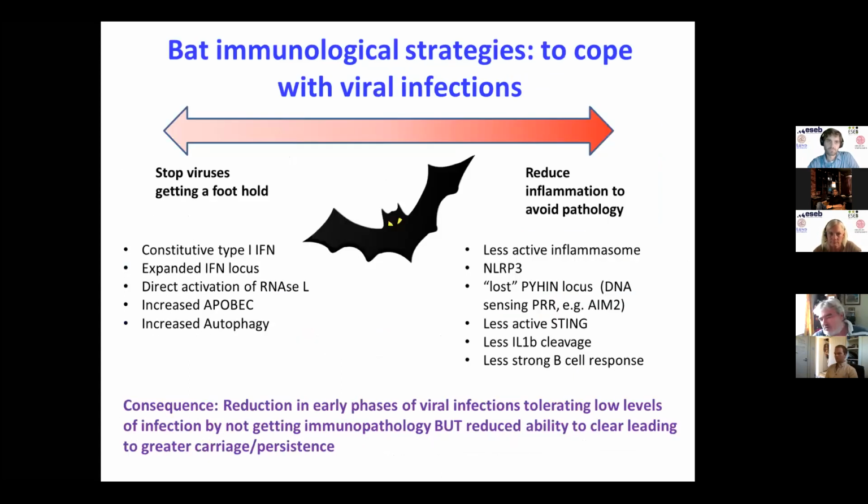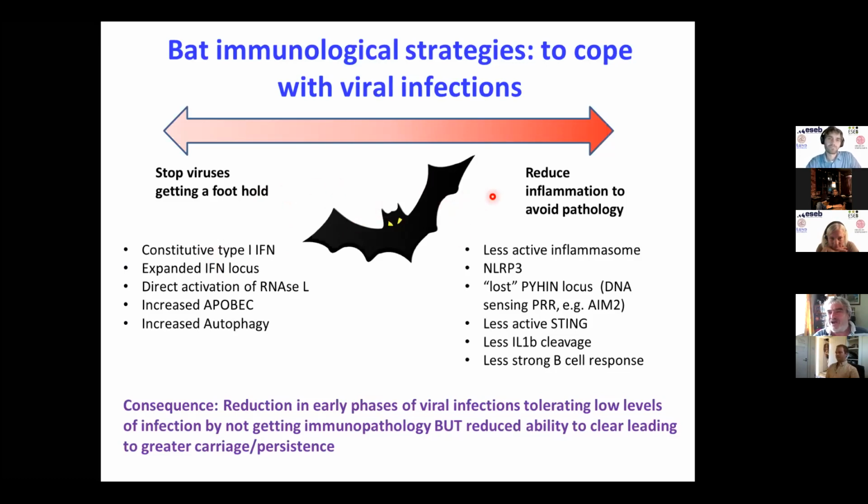And we couldn't finish a comparative biology seminar without considering COV2 under these current circumstances. And of course, comparatively, we have to think about coronaviruses in bats. I'm not going to go through this slide in huge detail, but the real phenotype that you see across a range of bats is that they inhibit viruses getting a foothold in the first place, typically by using type 1 interferon-based pathways.